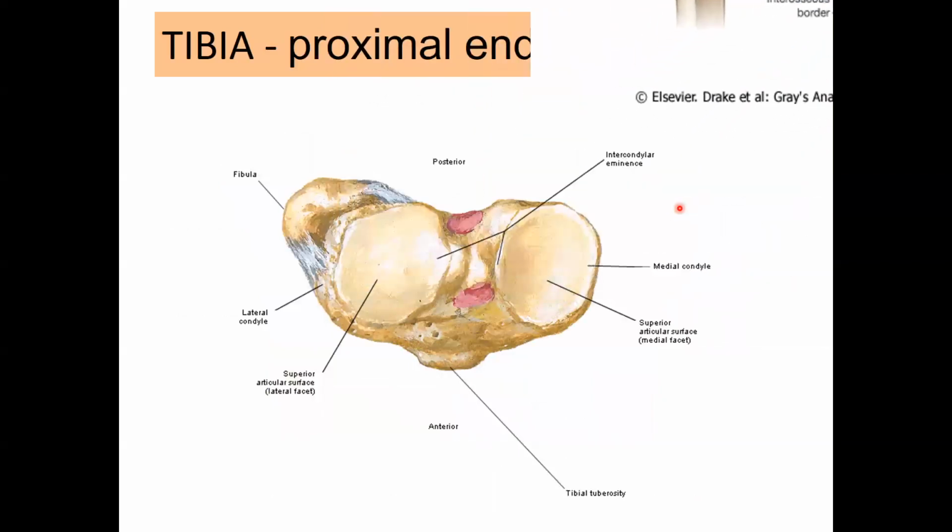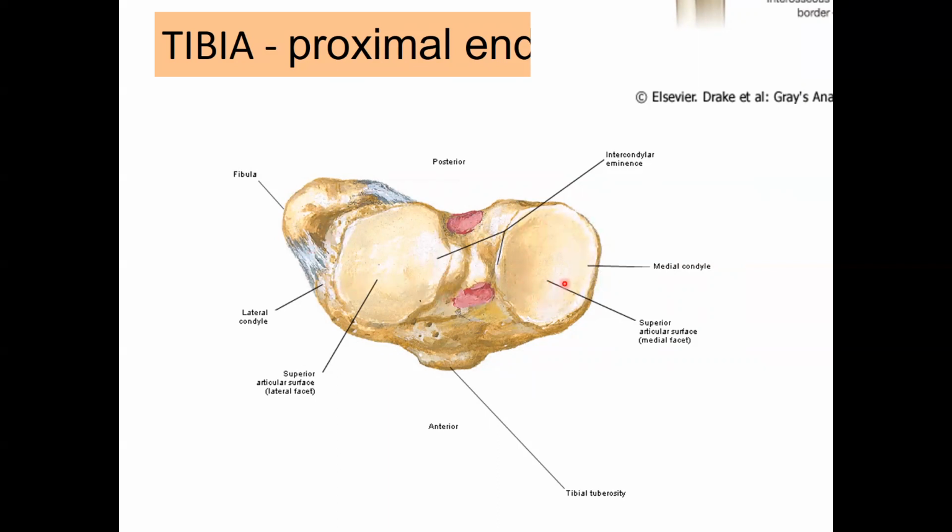All right, this is the view from above. This is the fibula that articulates with the inferior part of the lateral condyle, and this is the intercondylar eminence, or the medial and lateral eminences. This is the medial condyle, and this is the lateral condyle.